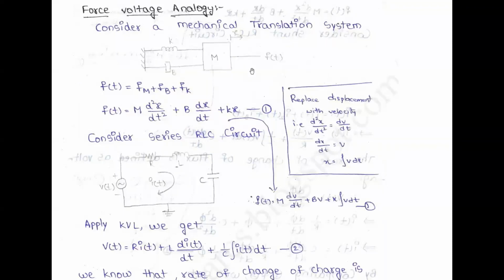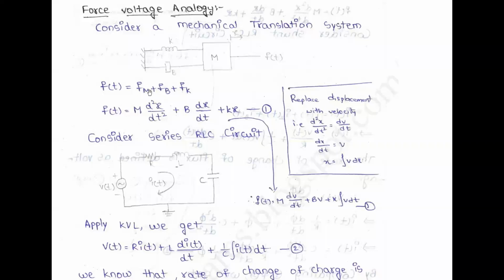I repeat, this is a translational mechanical system. Mass is replaced by inductor, K is replaced by capacitor, B is replaced by resistor. Applied force is applied voltage. F of t is FB of t.